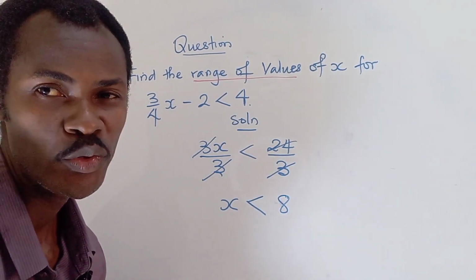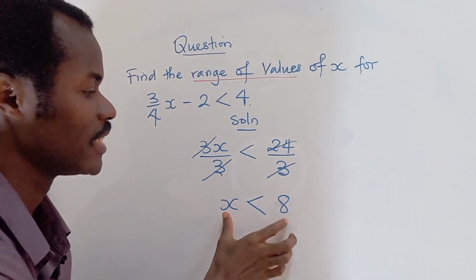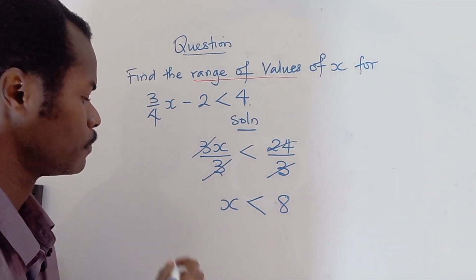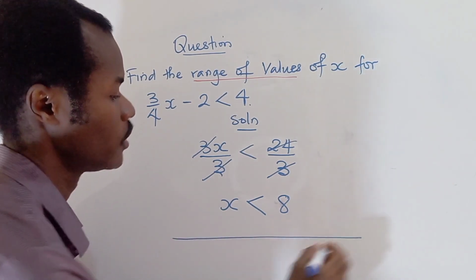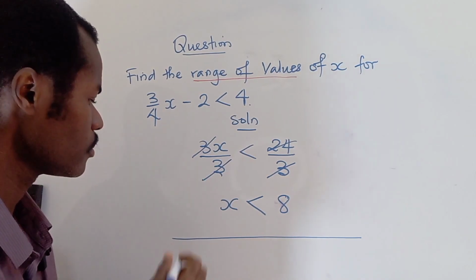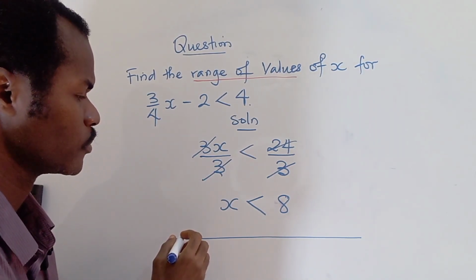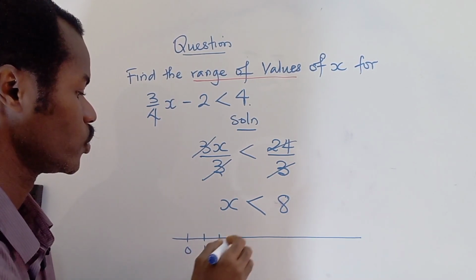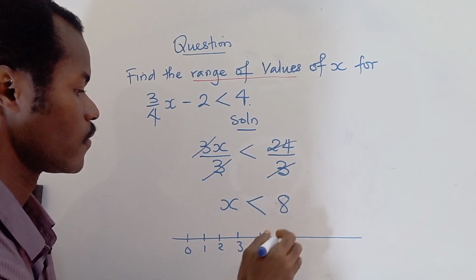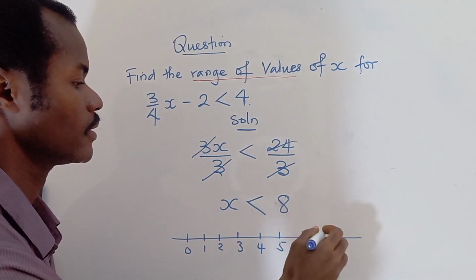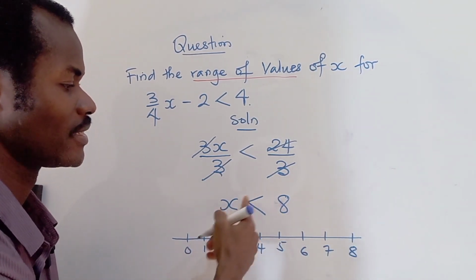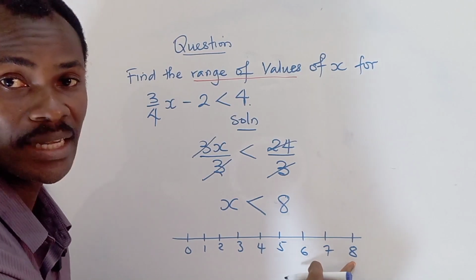Now, sometimes you may be asked to represent this on a number line. How do you represent it? It's very simple. You draw a number line, with 0, 1, 2, 3, 4, 5, 6, 7, 8. Since we are saying x is less than 8, you stop at 8.